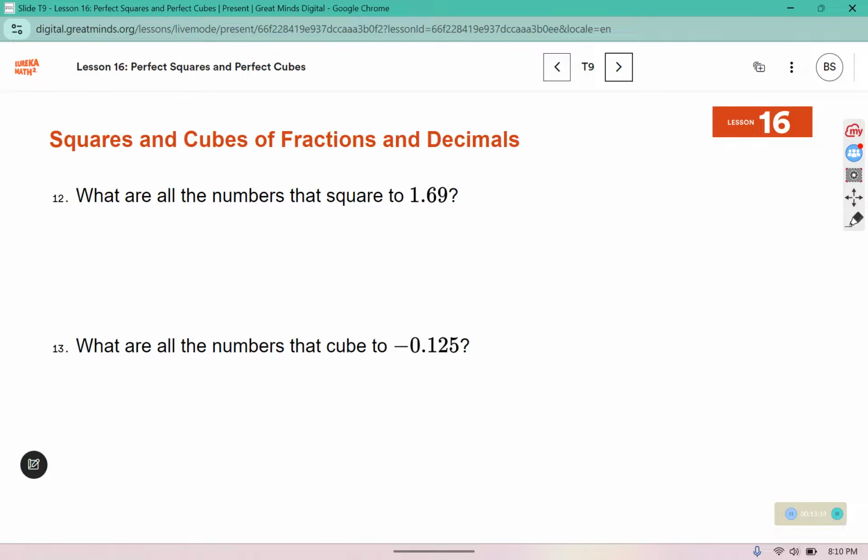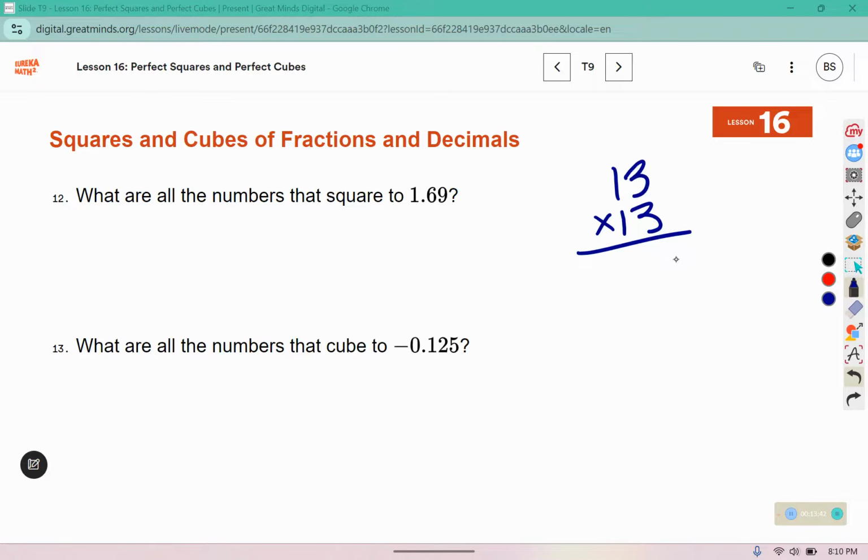What are all the numbers that square to make 1.69? 13 times 13, that'd be 3 times 3 is 9, 3 times 1 is 3, then we use that place value spacer. 1 times 3 is 3, 1 times 1 is 1.